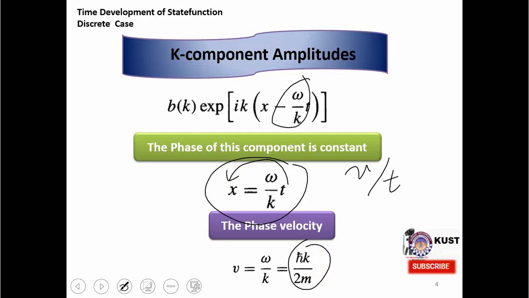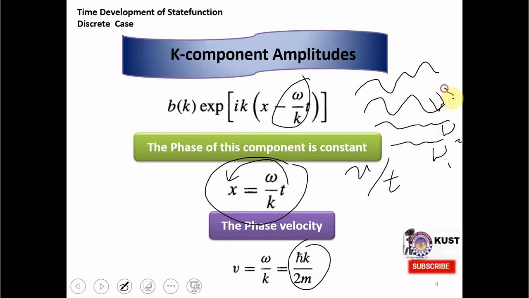So what we are saying, roughly speaking, is that you have all the amplitudes like this, and they are oscillating with different frequencies. Everyone has its own frequency, for example omega 1, omega 2, omega 3 up to omega n, and they have their corresponding velocities, which you can calculate. These are called the phase velocities because every component is oscillating with its own phase velocity.